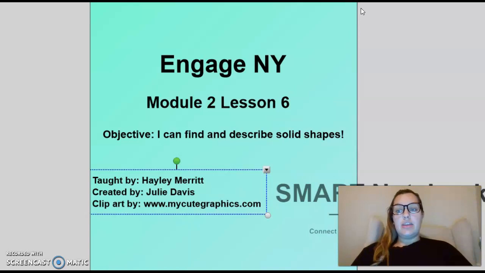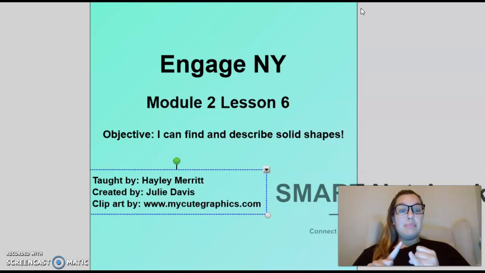For today's lesson, we're going to do a lot of observing with our eyes, but if you'd like to grab something to write with and something to write on, that's totally fine. Our objective for today is I can find, so we can look and see, and describe, so using those words.